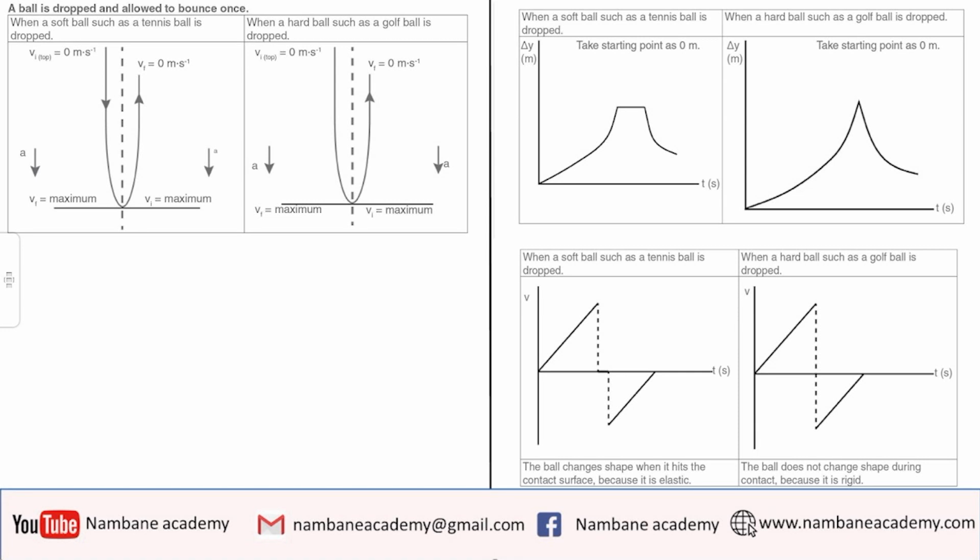Ladies and gentlemen, what does this thing mean? This thing means an object at a certain height, it will go to the ground. It is thrown vertically up, comes down, past the point, and hits the ground. But because it's a tennis ball, somehow it decides now to go up and bounce off the ground.